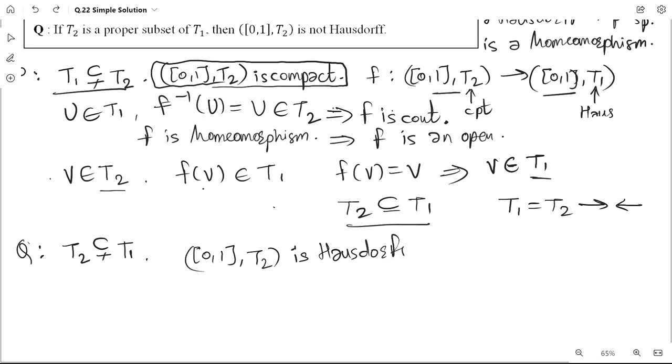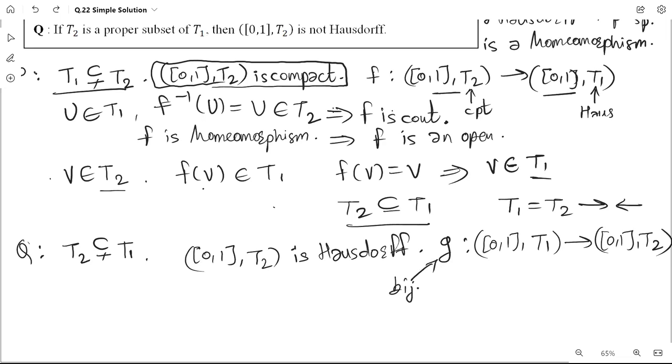Now consider the identity map from [0,1] with T1 to [0,1] with T2. Now it is the identity map, so G is bijective, right? Also [0,1] with T1 is compact, being the Euclidean topology, and we just assume that this is Hausdorff.